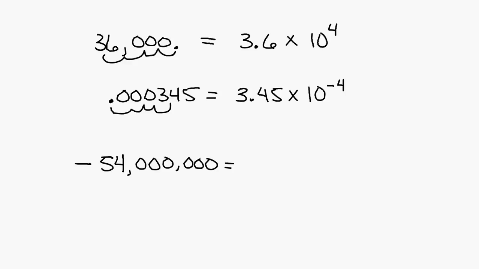So this decimal place is going to get moved 3, 6, 7 places. So this becomes negative 5.4 times 10. The number you started with is greater than 1, so your power's got to be positive, and you moved it 7 places.